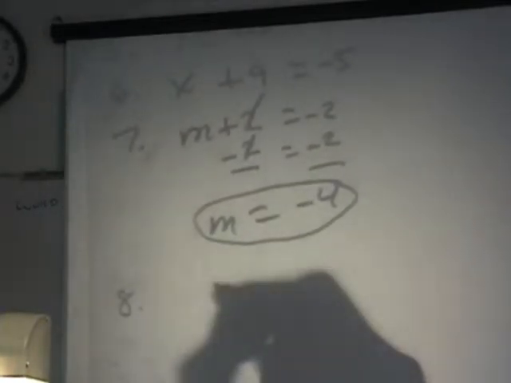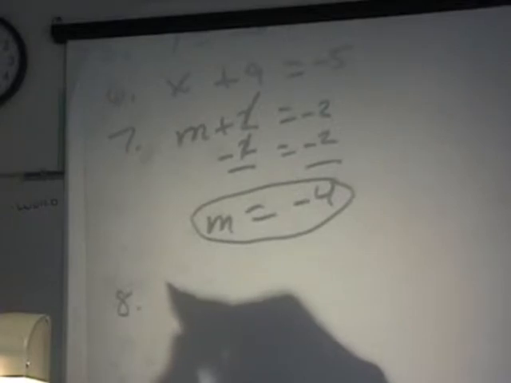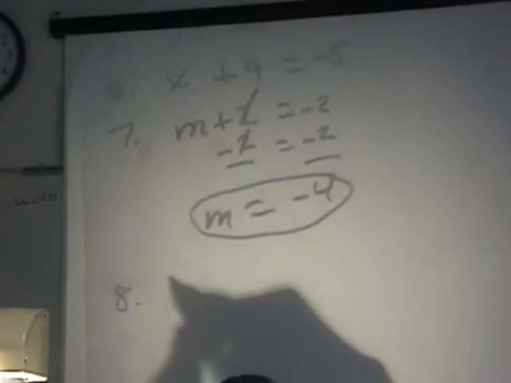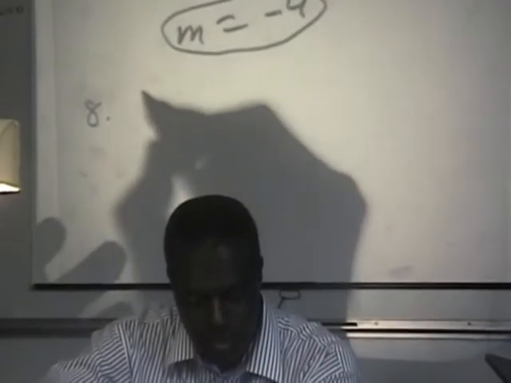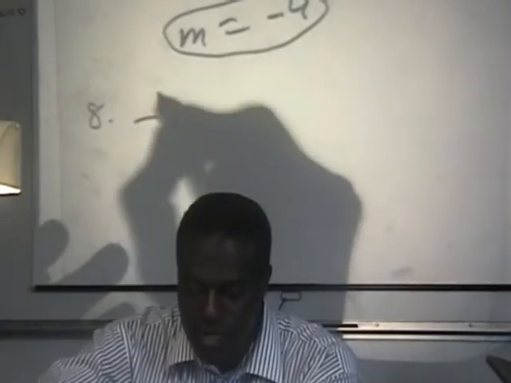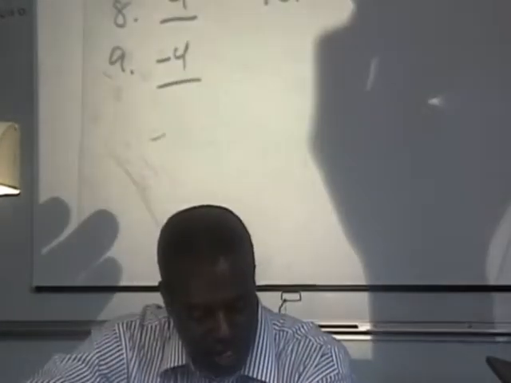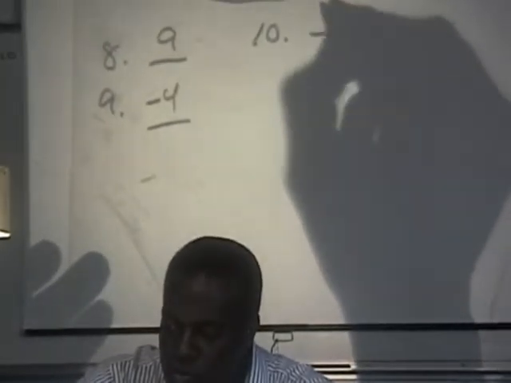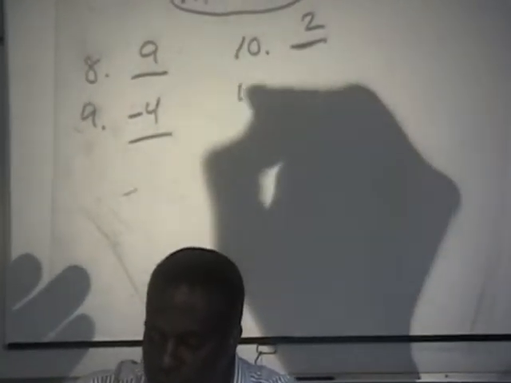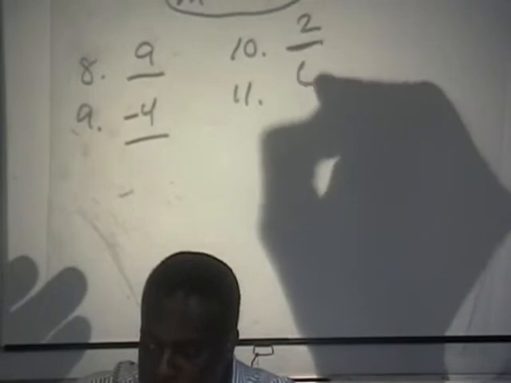Very good. Let's go to number 8. I'm not going to solve them all, I'm just going to give you the answers, okay? So problem number 8, you should have 9. Problem number 9, negative 4. Problem 10, you should have 2. Problem number 11, you should have 6.